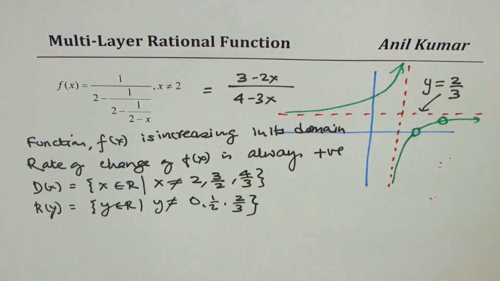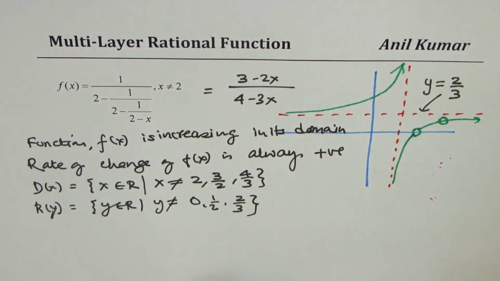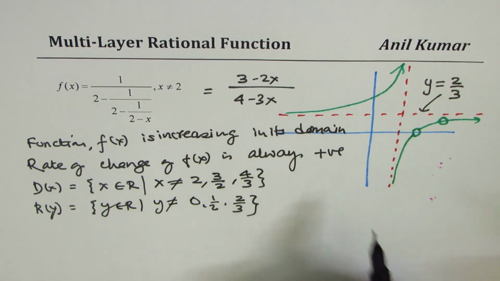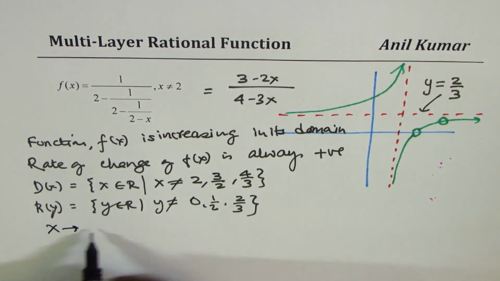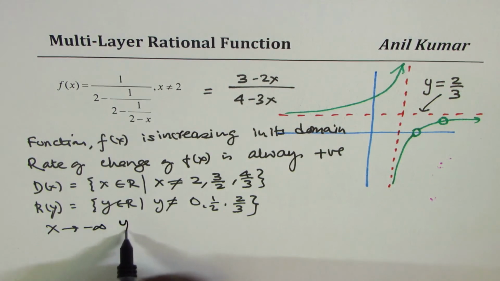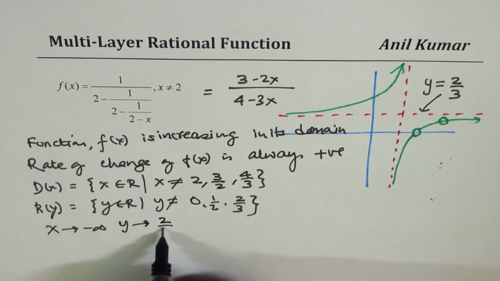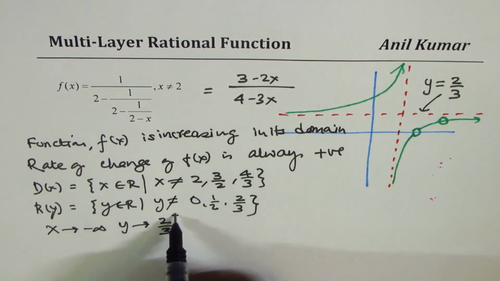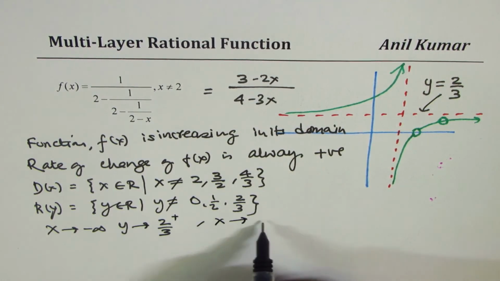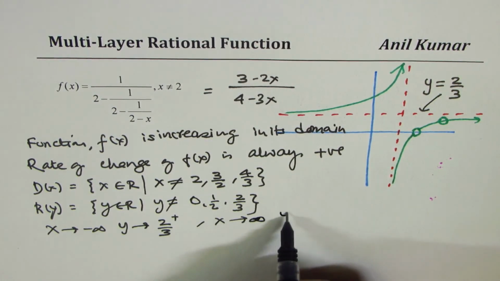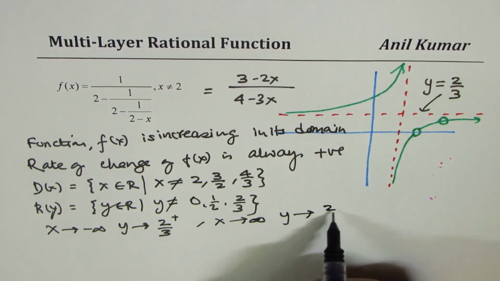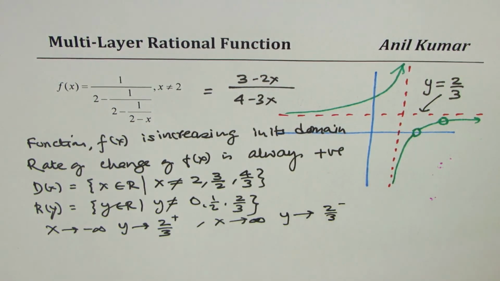So that is how actually you could describe, and some of you, if you've learned the end behavior, you could say when x approaches negative infinity, y approaches 2 over 3 from positive side, and when x approaches positive infinity, y approaches 2 over 3 from negative side, correct? So these are some other characteristics which you could define for the given rational function.